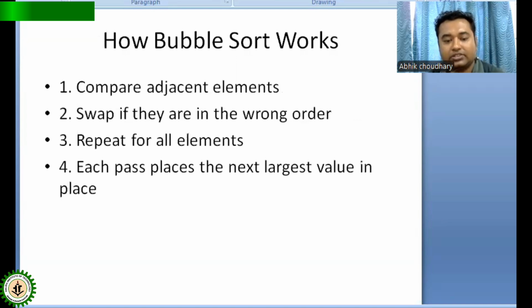Compare adjacent elements, which means you compare with the next element. If it is in the wrong order, swap them. Repeat for all elements, till the last. In each pass, place the next largest value in its place.